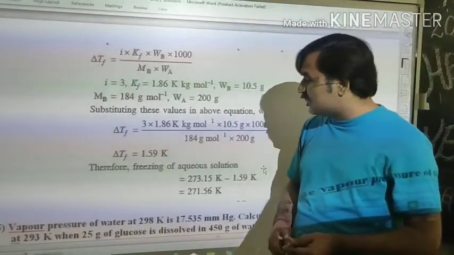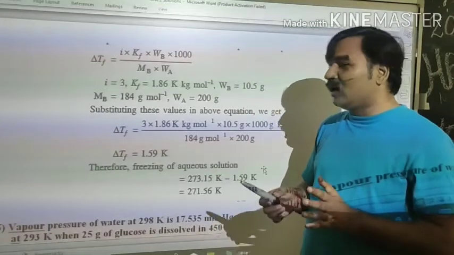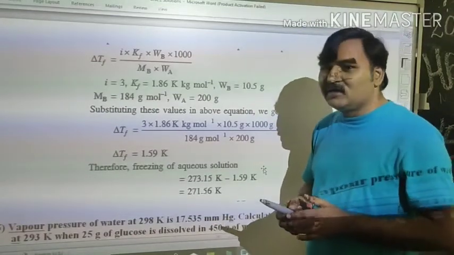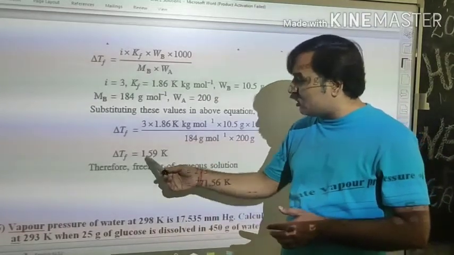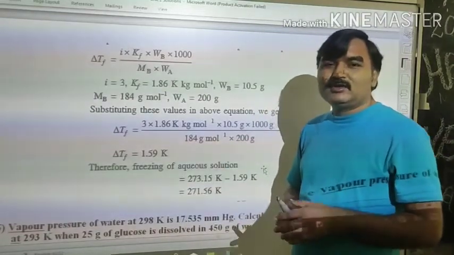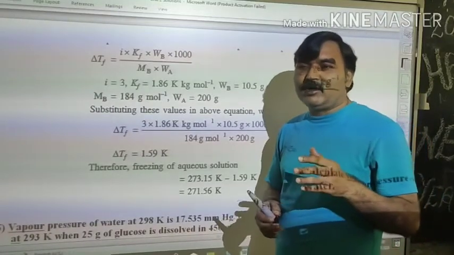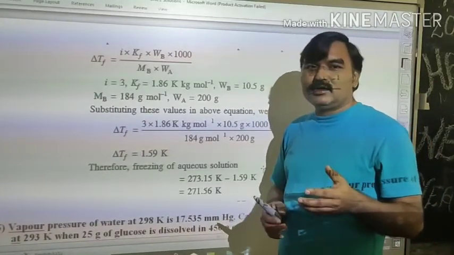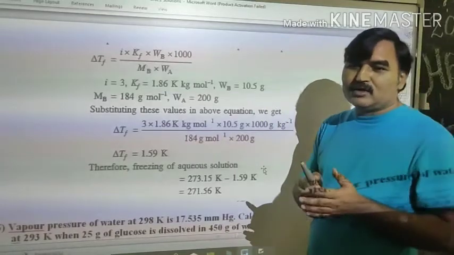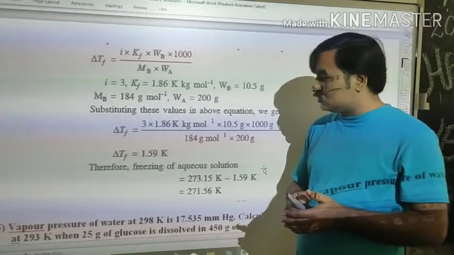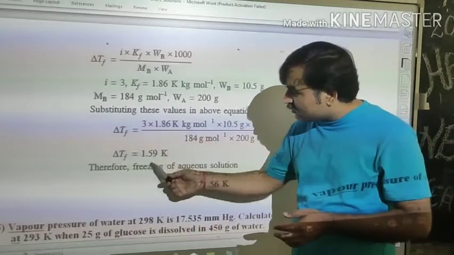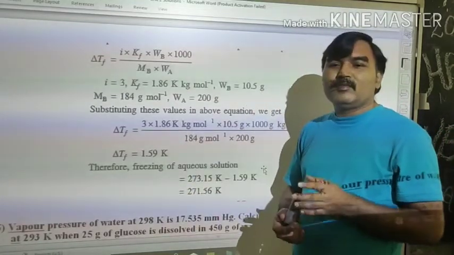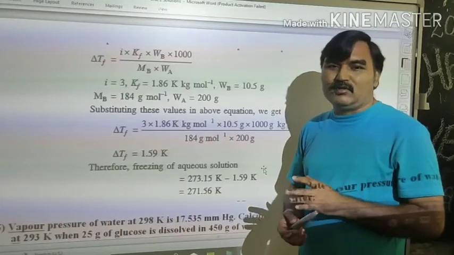Now delta Tf is fine, but you have been asked about the freezing point of the solution. This is the depression in freezing point of the solution. It means when we add solute to water, the freezing point of water is decreased. So we have to subtract this value from the freezing point of the pure solvent, that is water.